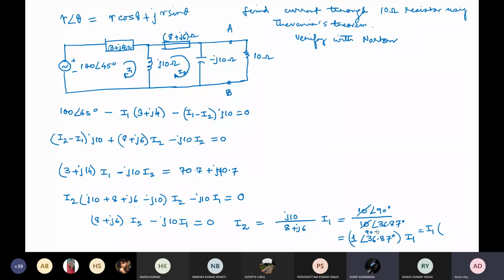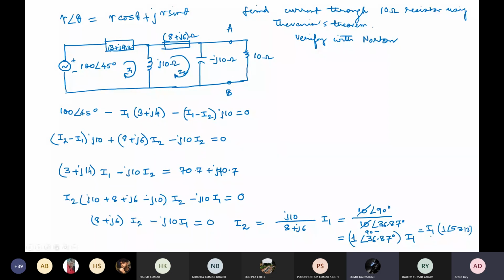Just a minute. Hold on. This is storing, no? Okay, so it's supposed to be 1 angle 53.13.